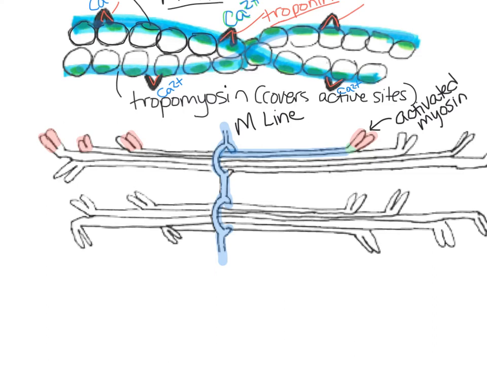Because they're cocked away. It's the little spring that has the ability to become cocked, and then it also has the ability to spring the other direction, right? These myosin molecules down here are myosin molecules that have already been sprung.